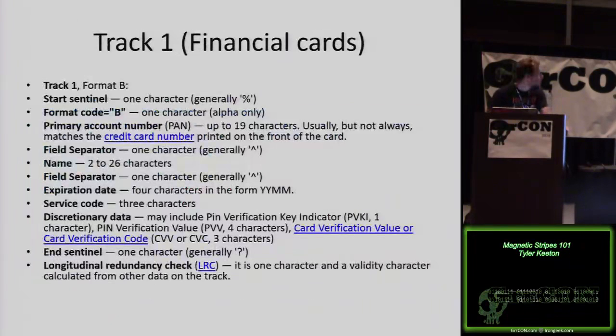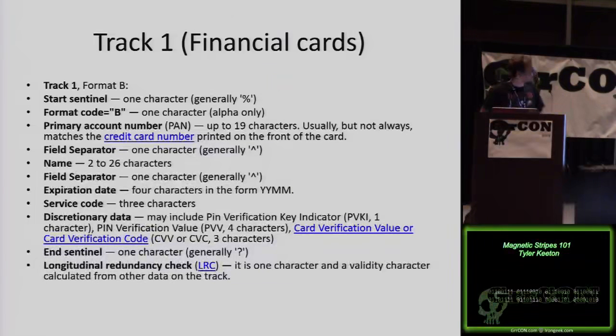So here is the layout for the data that's encoded on track 1. Originally, the track 1 standard was created by the airline industry for the ticketing system in the 1960s. It's been taken over by the banking industry for the most part. So for this discussion, we're just going to talk about the banking format. For track 1, we have a start sentinel, which just says, okay, string starts here, and it's a percent sign. B denotes banking.